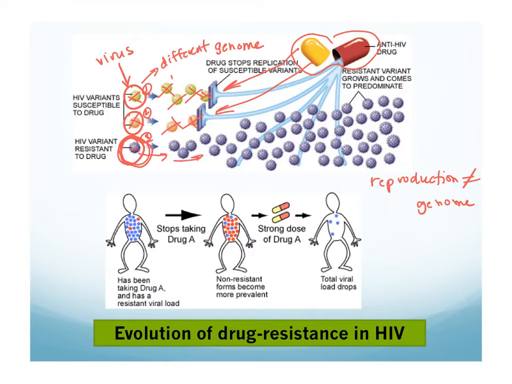And the problem with this, in the same way that there's a problem with pesticides, is that the drug you have to make to kill this is very poisonous also to humans. And so you have to really be careful, because while you're killing the virus, you also don't want to kill the human.